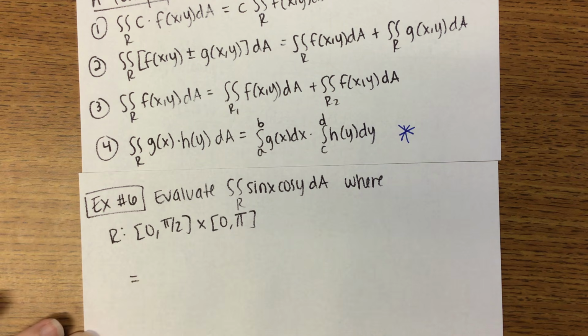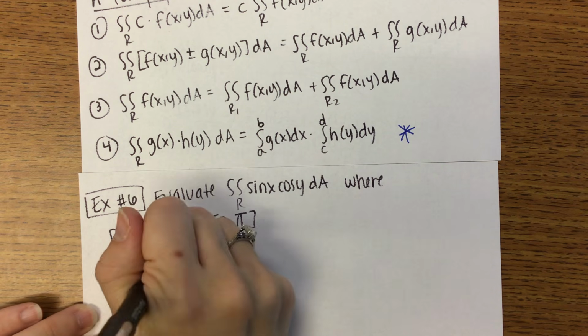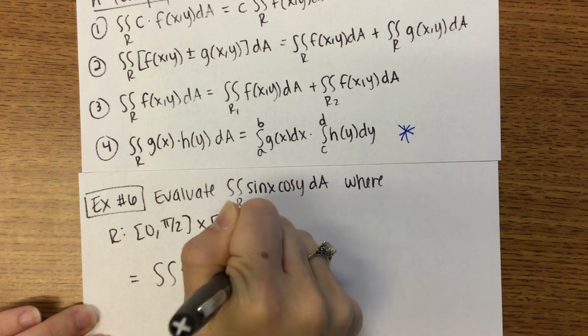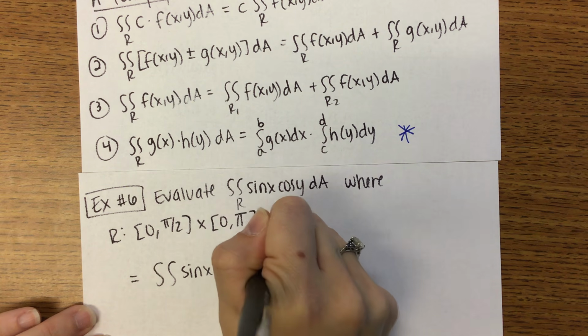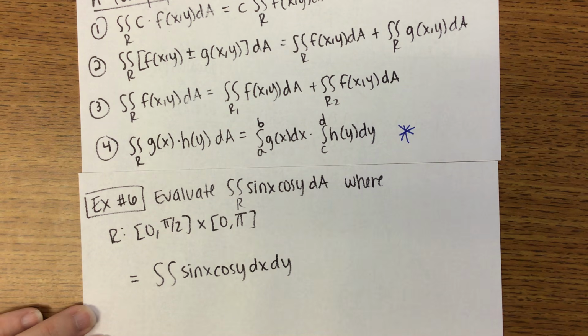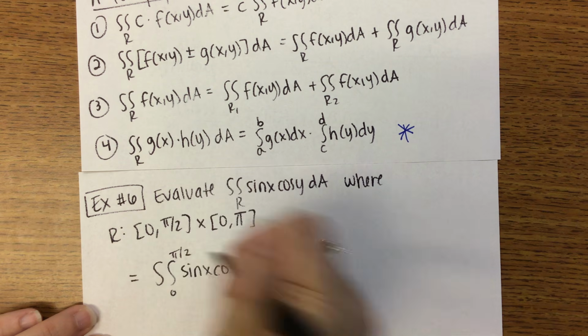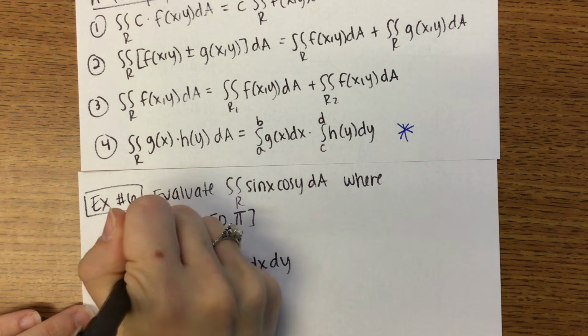So that double integral then, doesn't matter the order that I integrate. So let's say I want to do x first and then y. X I'm integrating from 0 to pi over 2. Y I'm integrating from 0 to pi.